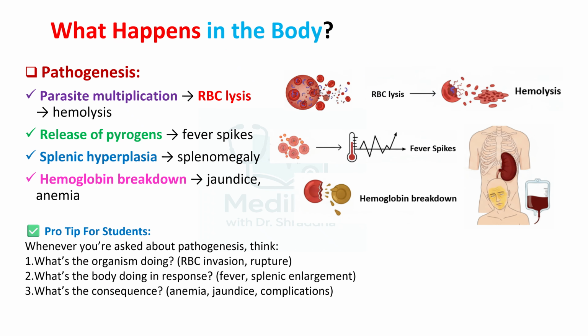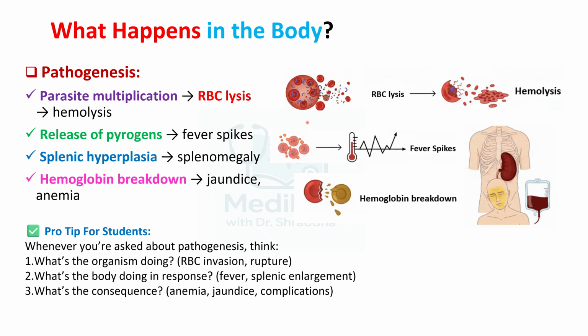Alright guys, let's break this down step by step like a story: what is actually happening inside the human body when someone gets malaria. First is parasite multiplication, which causes RBC lysis leading to hemolysis. So once the Plasmodium parasite enters the bloodstream, it goes straight for RBCs.